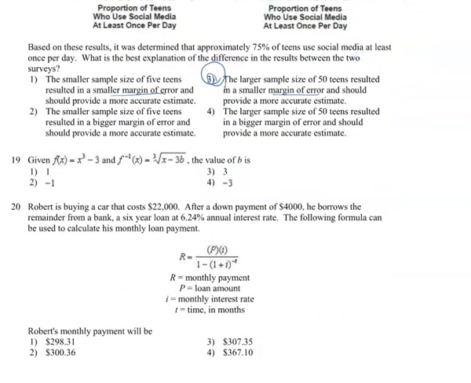All right, moving on to question 19. Given f of x and f inverse of x, find the value of b. First thing I'm noticing is that if they're giving me f of x and f inverse, they probably want me to find the inverse of this. So I'm going to switch x and y, and I'm going to solve for y.